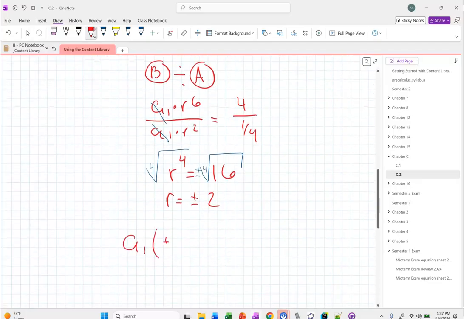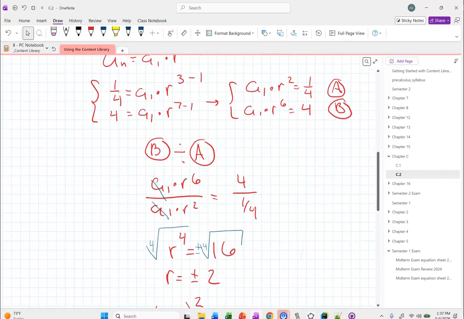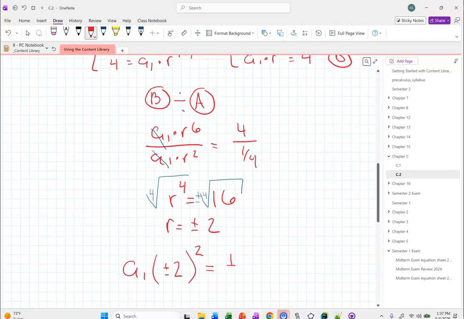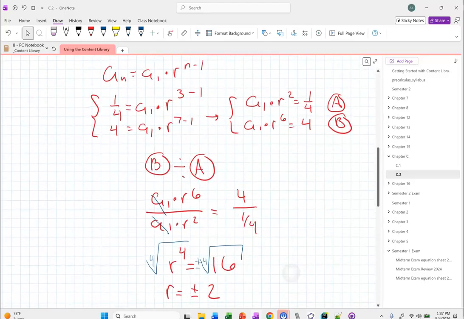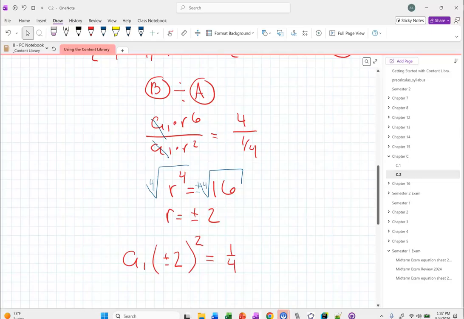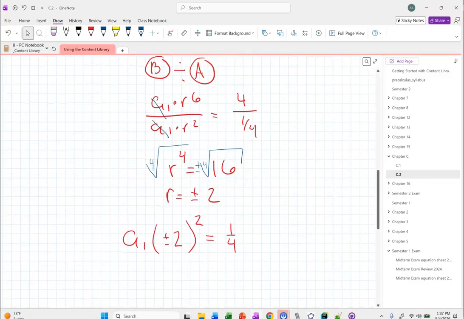Here's the good news: because the exponent on r is even, even though we have a plus or minus here, it doesn't really matter, right? Is that right? You guys agree?